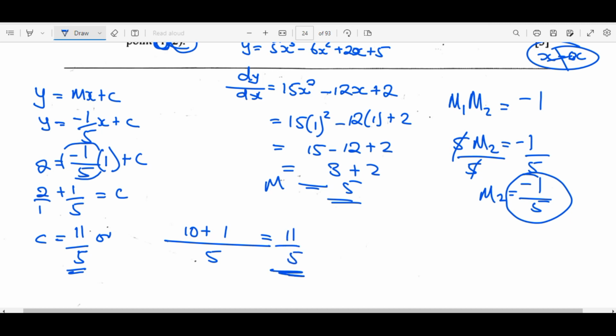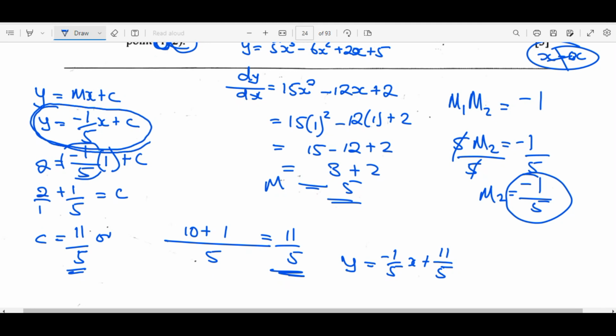So finally we're going to say y is equal to negative 1/5 x plus 11/5. So meaning that this is what we are substituting.